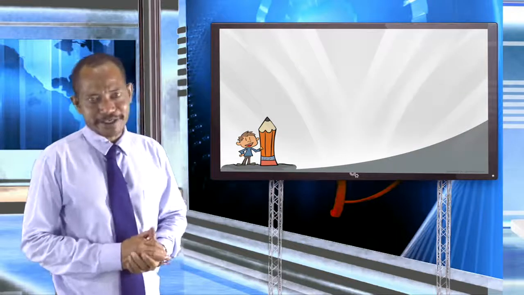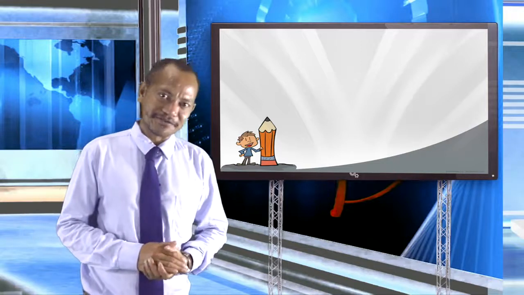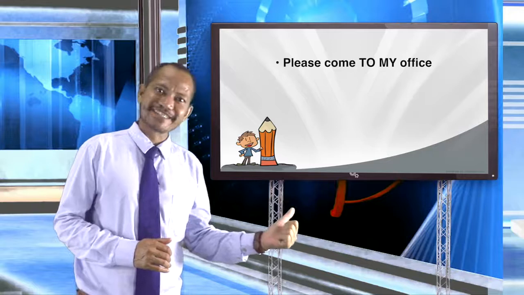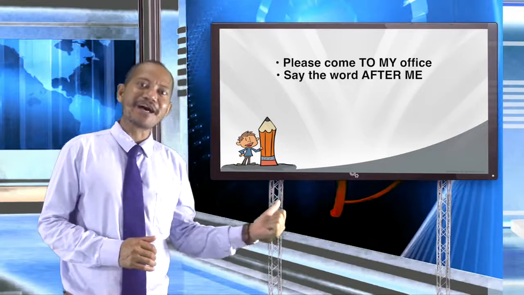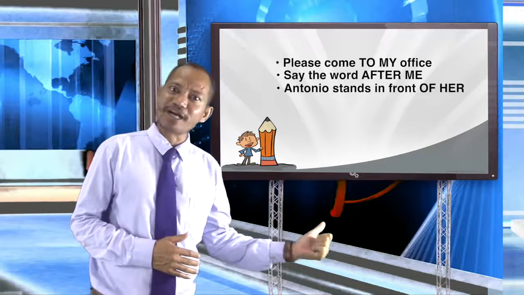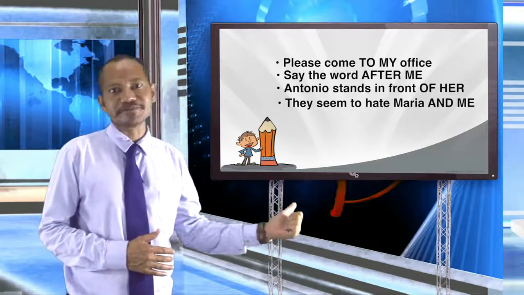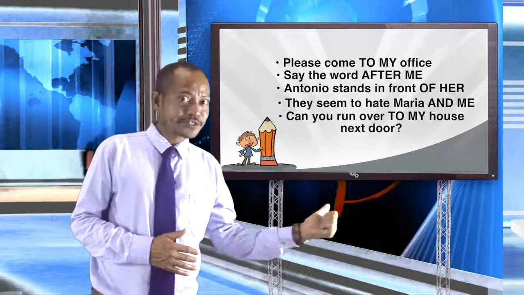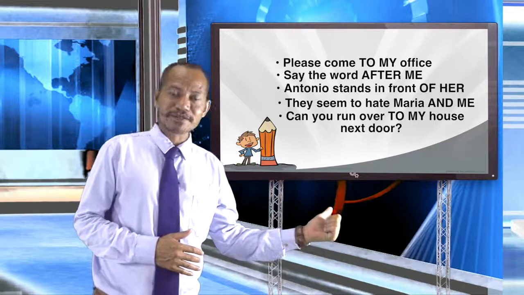Please look at other examples and say after me. Please come to my office. Say the word after me. Antonio stands in front of her. They seem to hate Maria and me. Can you run over to my house next door?